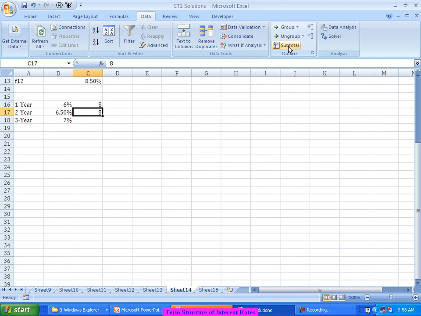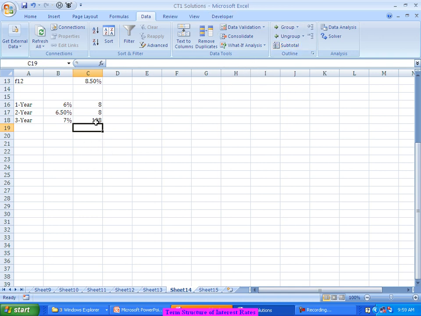After 2 years also I will receive an 8, and after 3 years I will receive 108, because 8 is what I will receive as the coupon and 100 is what I will receive as the principal repayment, because one, it is redeemed at par, and two, the maturity date is a 3-year maturity. So in the maturity year I will be receiving the principal also back.